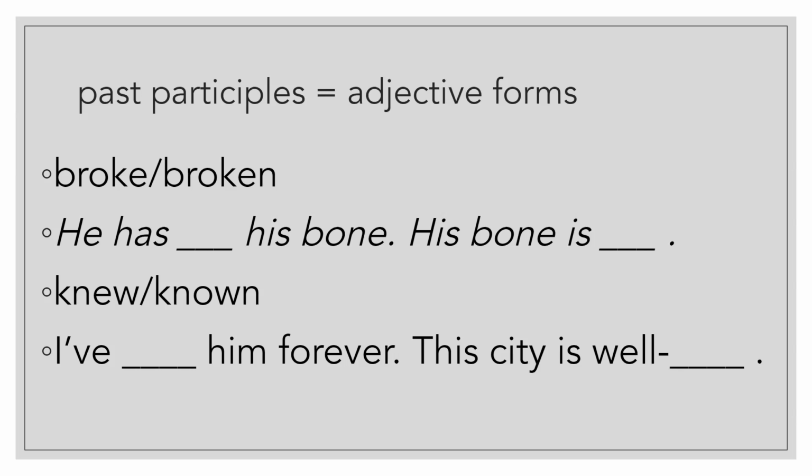If it's a regular verb where we add -ed, it's just going to be -ed, right? How do you feel? I'm scared. I'm excited. I'm frightened. Those are adjectives with an -ed. What about his bone? Doctor, his bone is broken. Okay, this city is well known.